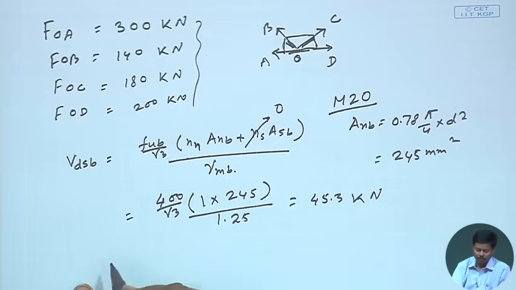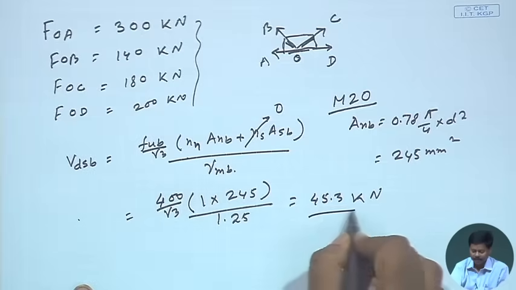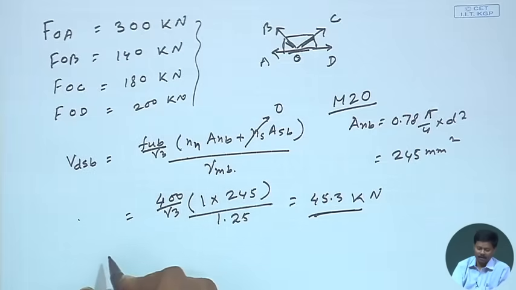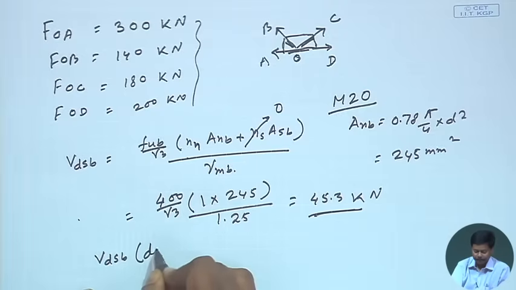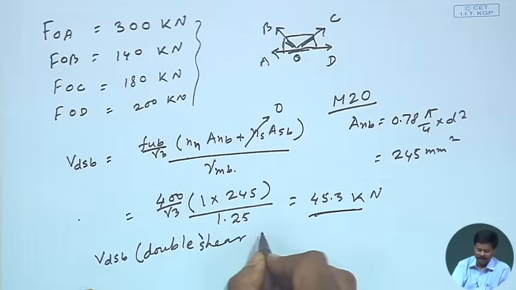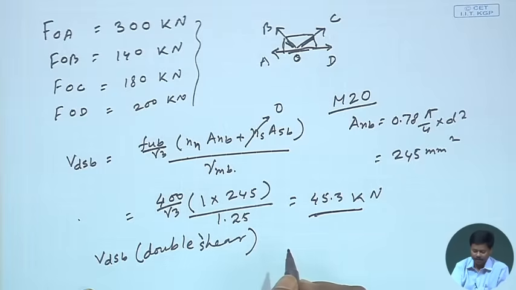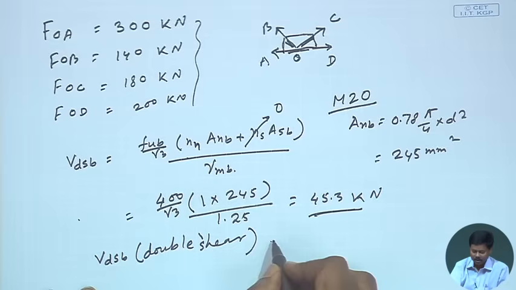So, VDSB is coming 45.3 kilonewton, and for double shear, because in one case it will be double shear, that is member AD, or OA and OD, that will be in double shear.